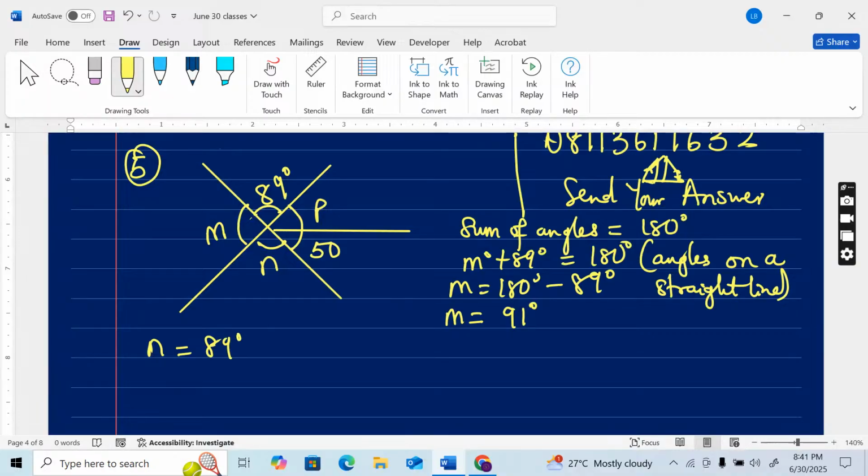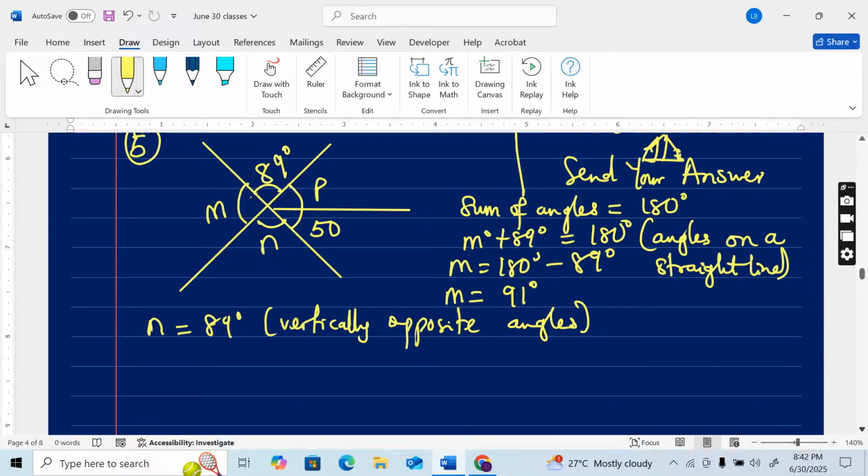So angle N is equal to 89 degrees, vertically opposite angles. Now, what will be the value for angle P? Vertically opposite angles are equal.